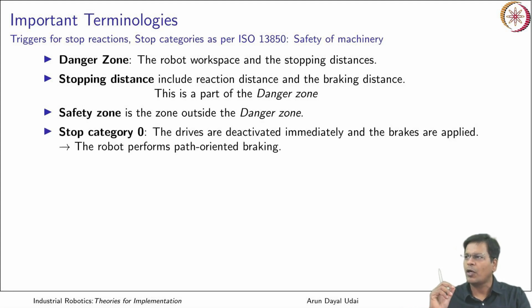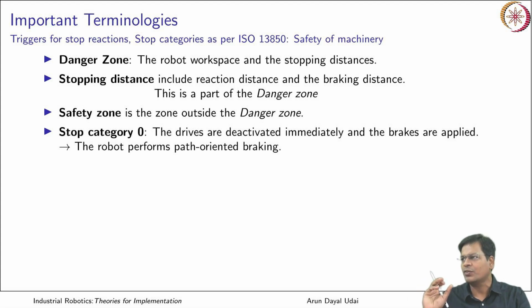Now talking about stop category 0. These stop categories, stop category 0, 1 and 2, are defined as per ISO 13850 guidelines, that is defined in the safety of machinery guidelines. So that is safety stop category 0.